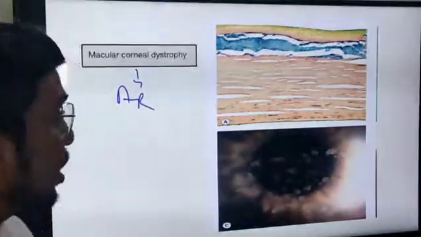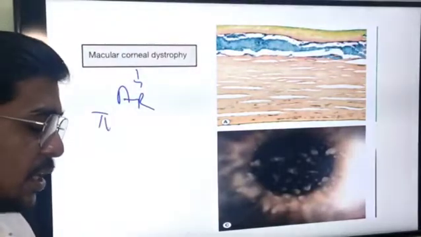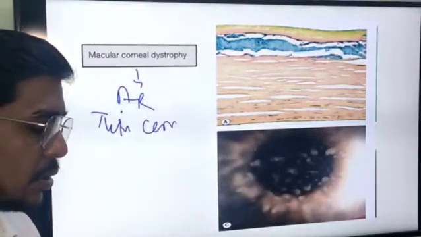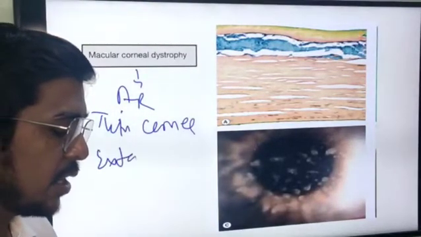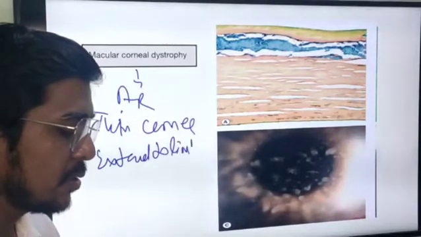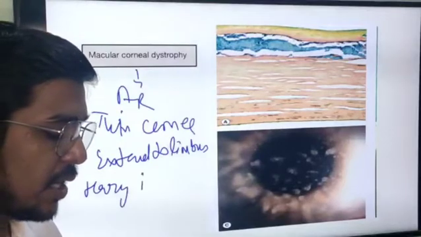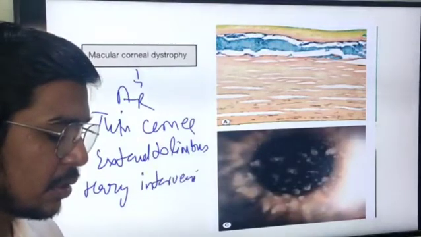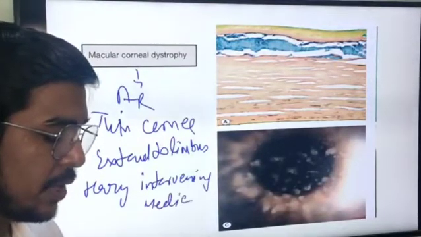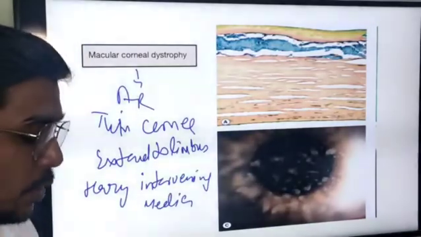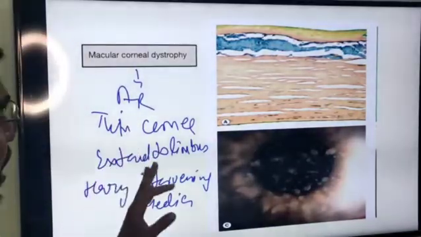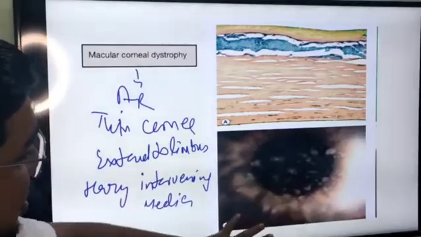Autosomal recessive condition, one. Second, thin cornea, extends to the limbus, and hazy intervening media.